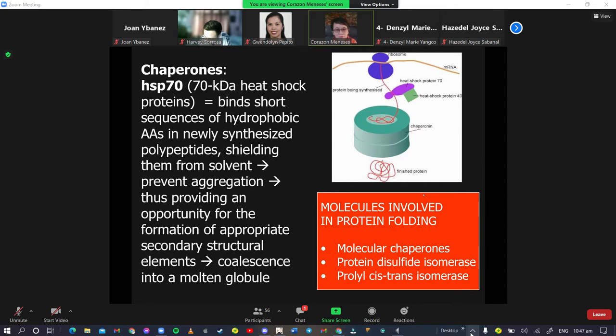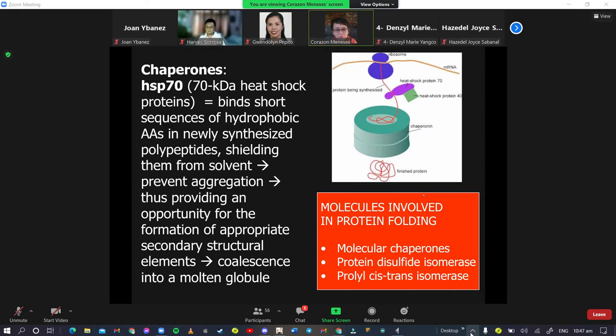Okay. So what is the function of the HSP 70? It binds short sequences of hydrophobic amino acids in the newly formed polypeptide chain. It has to do that so that it will shield them from the solvent. And second, it will prevent them from coming together right away.